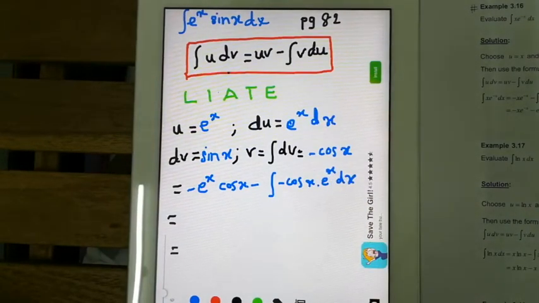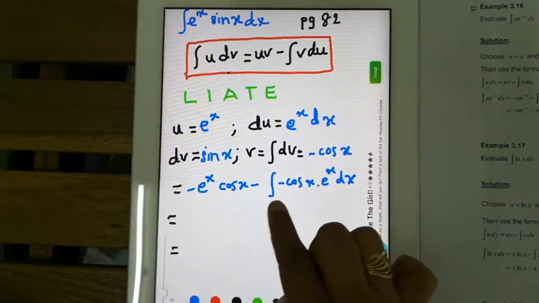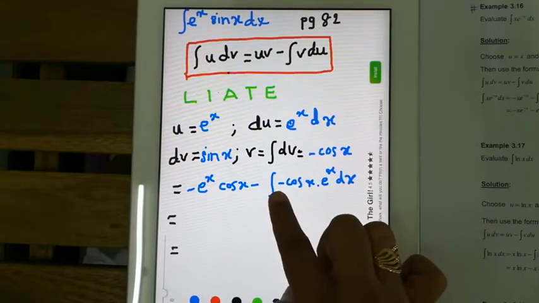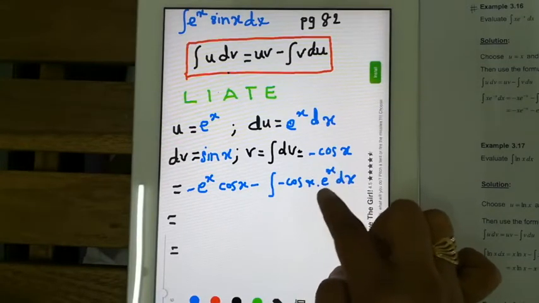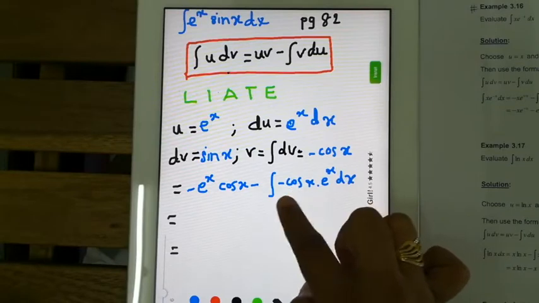Alright, so if you look carefully, we encounter e^x times negative cos x.